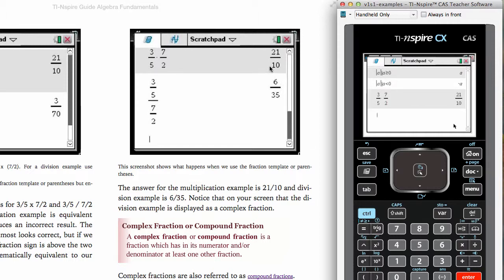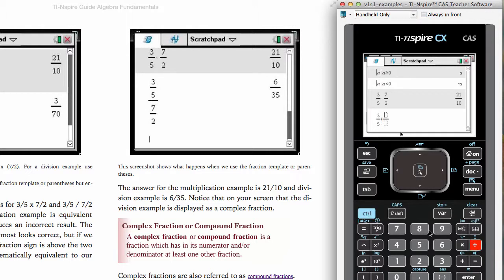Let's take a quick look at division of this same kind of problem. So let's take a look at the fraction template of 3/5. So we'll go down here, 3/5. We'll go over and we'll actually use the divide. We'll hit the fraction template here.